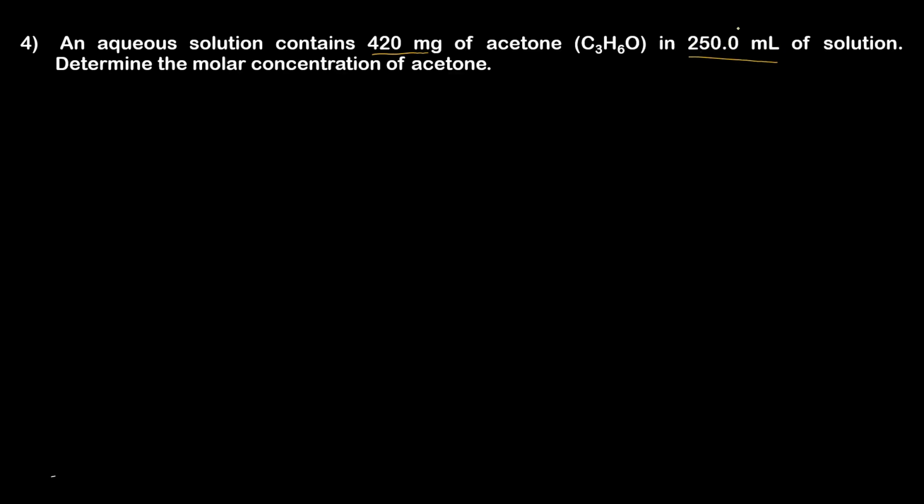So we need to convert this to liters, and the milligrams to grams, then to mole, right? Because remember, molarity is mole of solute over liter of solution. Okay, remember this.